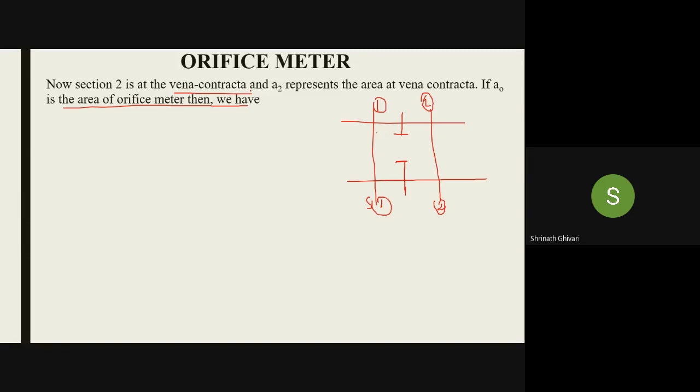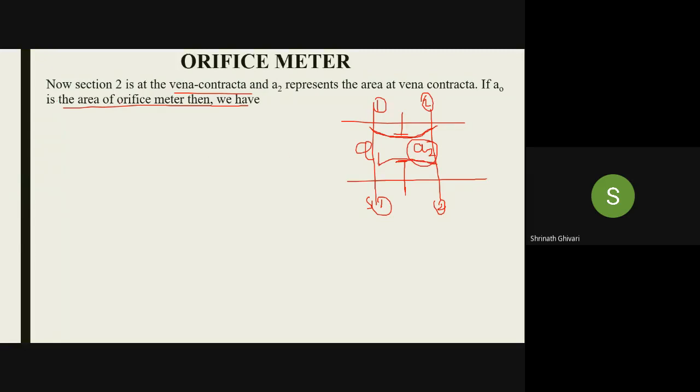Why vena contracta? Because at this point the fluid is getting contracted and then diverges. A2 represents the area at vena contracta, this is A2, this is A1. Therefore, at this point, this area is called the vena contracta.